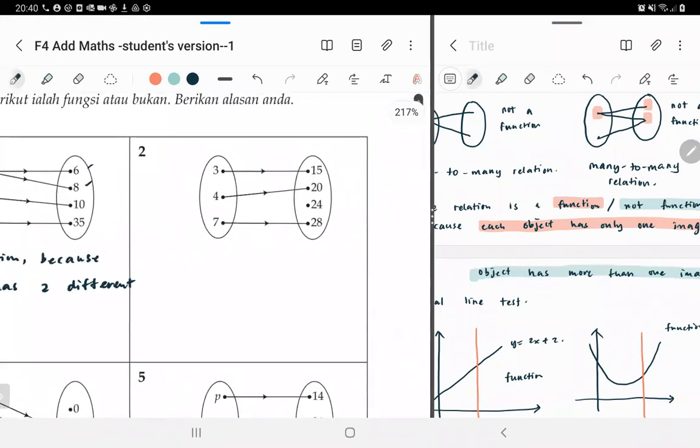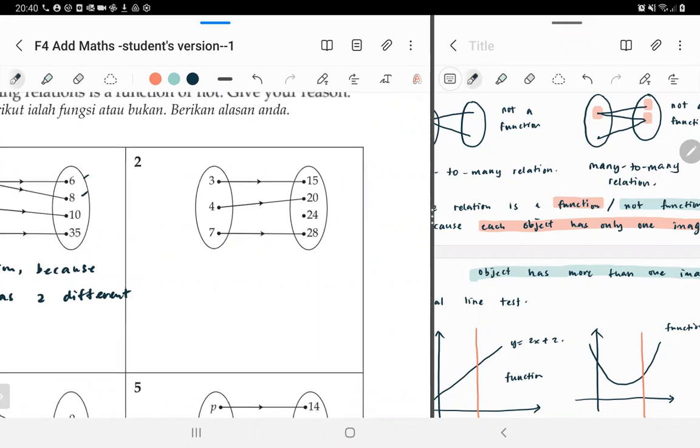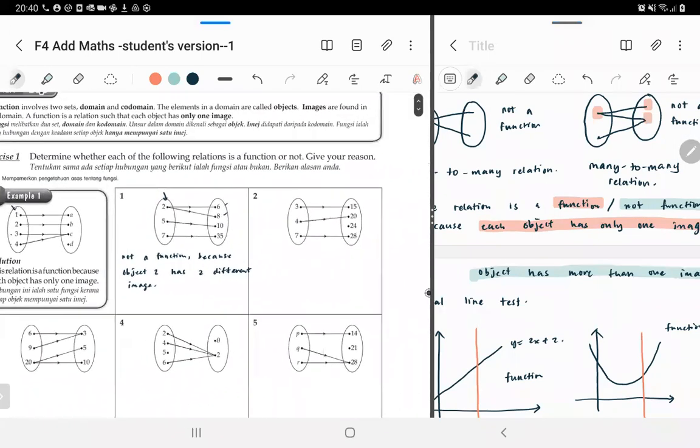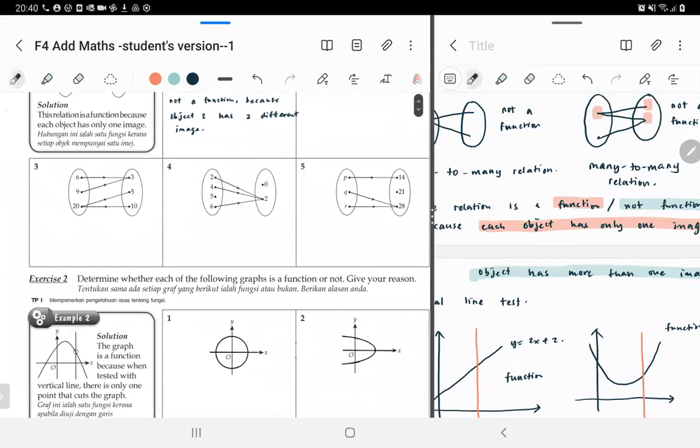Question number 2, will it be a function? Yes, correct. So the reason is the same as the example here. This relation is a function because each object has only one image. Okay, so I think this one has no problem.